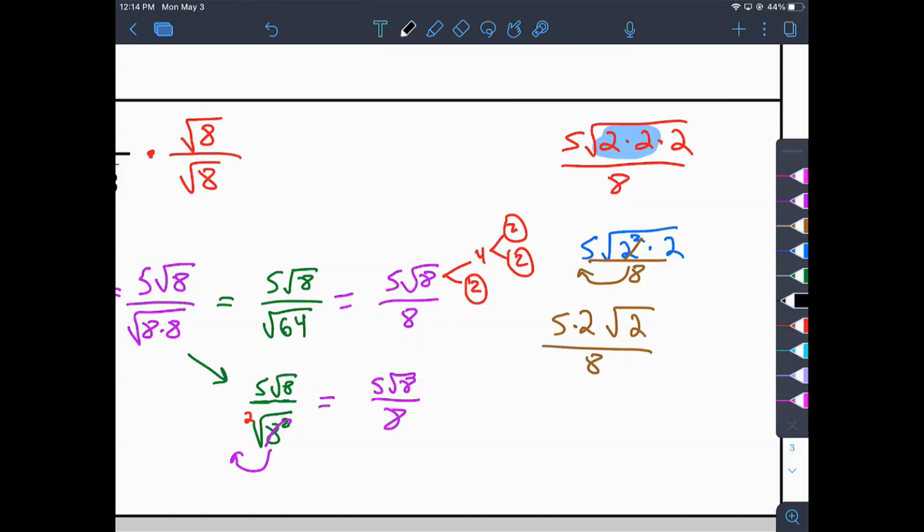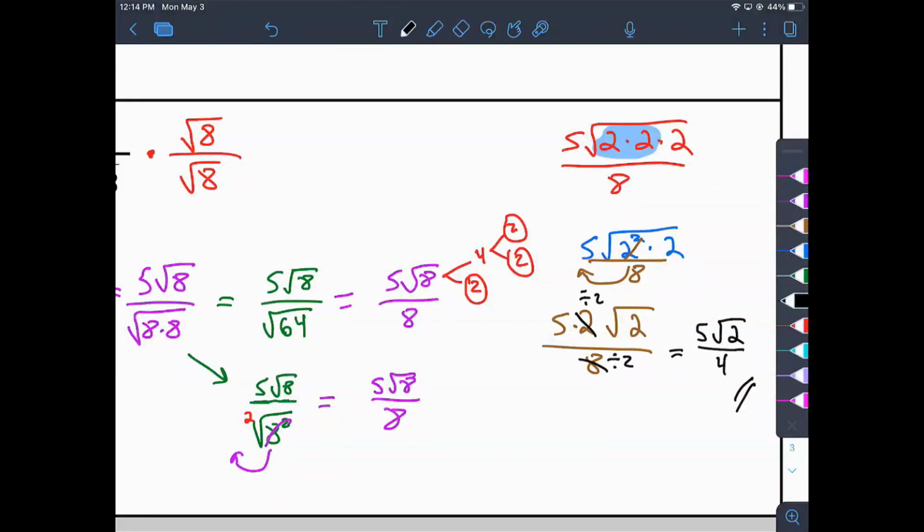Now, I could multiply 5 times 2, or I can reduce 8 by 2. Let's just do that. That'll leave me with a 5 root 2 over an 8 divided by 2 divided by 2. That gives me a 4 on the bottom. And that's the final answer.